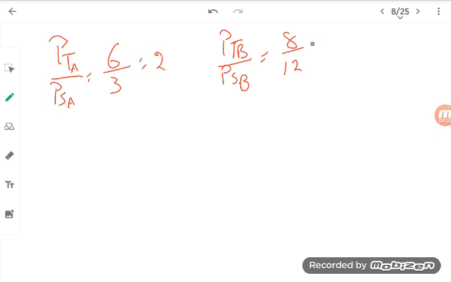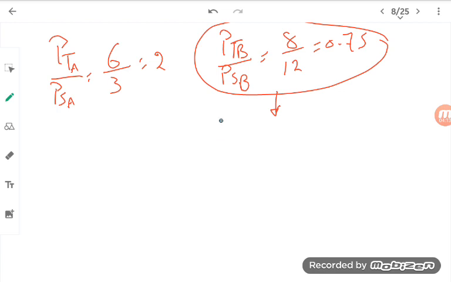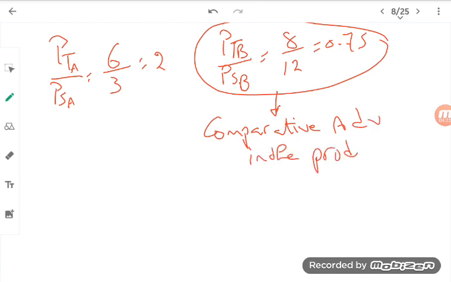This is 2 and this is 0.75, I think. This means that country B has a comparative advantage in the production of textile. And then we are going to follow the same steps. Calculate production after specialization.